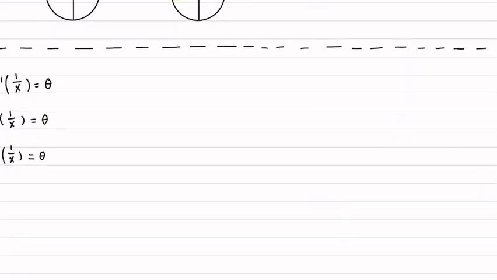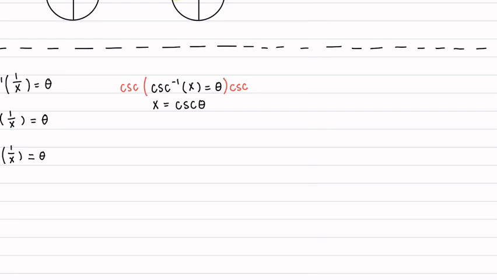If I start with inverse cosecant of x equals theta, I can take the cosecant of both sides, and the cosecant of inverse cosecant of x is just x. So I have x is equal to cosecant of theta.